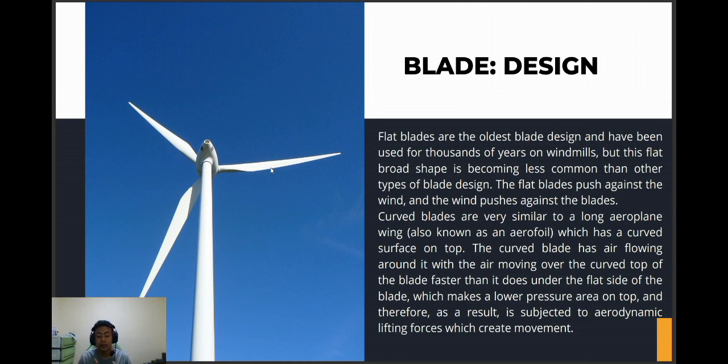So, sinasabi dito na mas nakakatulong yung twisted and tapered blade dahil the faster the winds, the more lift that is produced on the blade. Hence, mas mabilis daw yung pag-rotate ng blade.